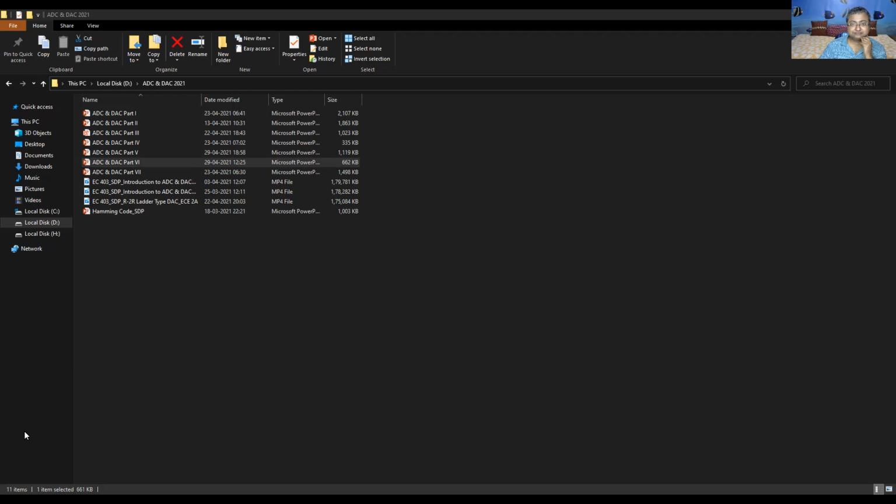Come to the latter part. Suppose V1 is reset to 0 volt, the analog input voltage is positive.